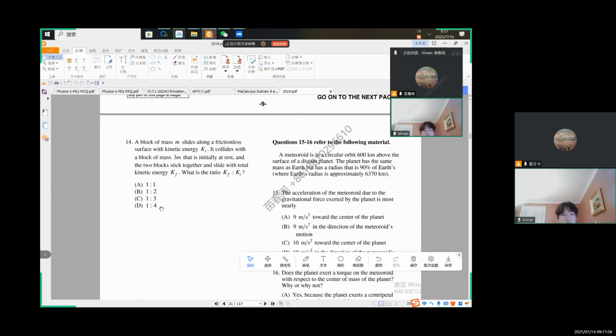Do you need conservation of momentum? Yeah, collision. Well, this is the inelastic collision, so you can. It's the shared velocity, right?